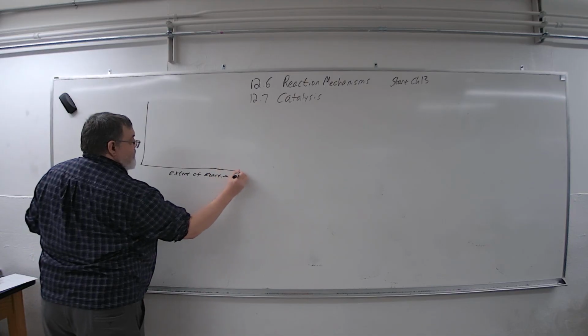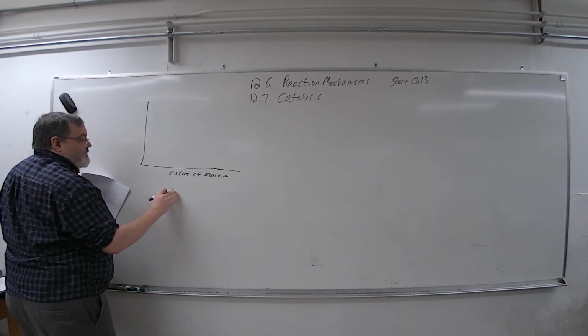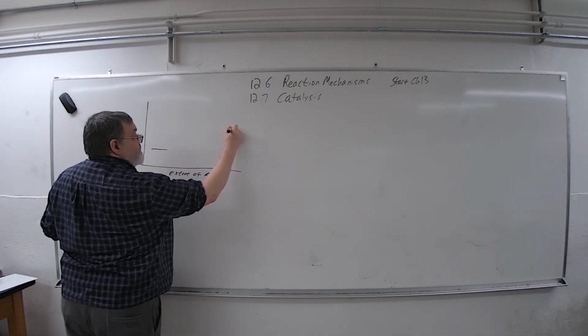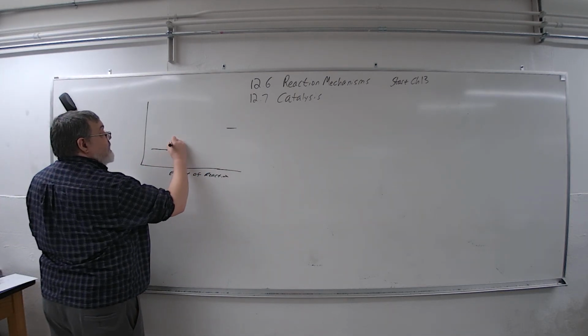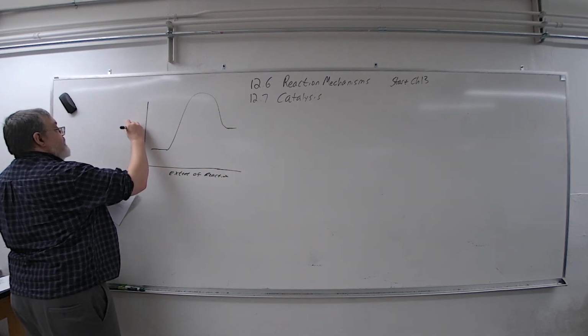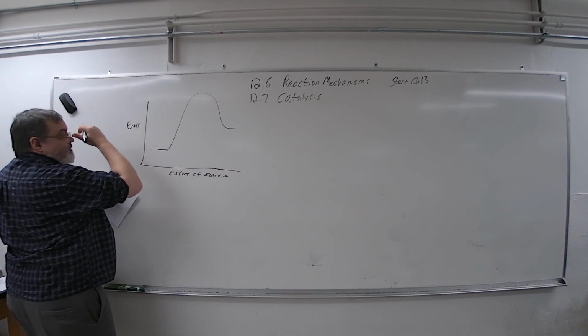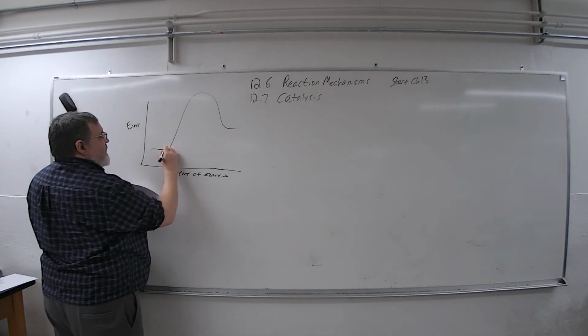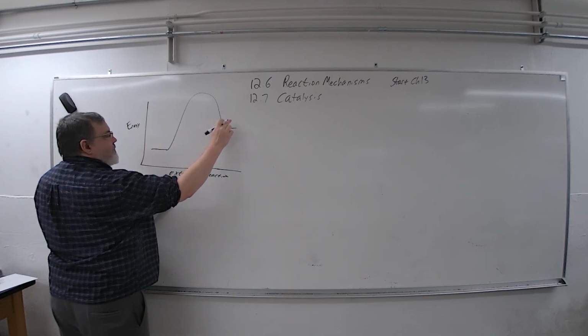We call it extent of reaction, but this is the reaction going. Right here are the reactants, and then it goes for a while, and then you get some products. And we usually do the energy like this. This is the energy. So you have reactants, you have products.